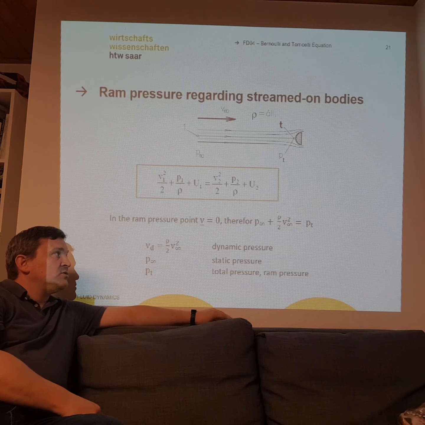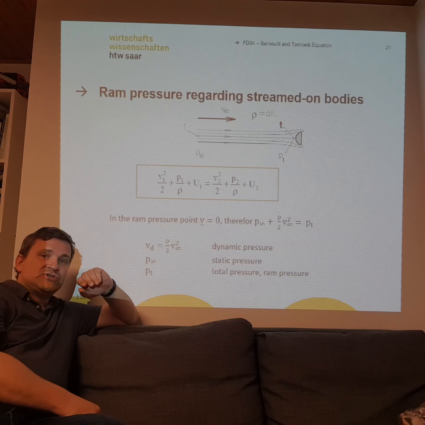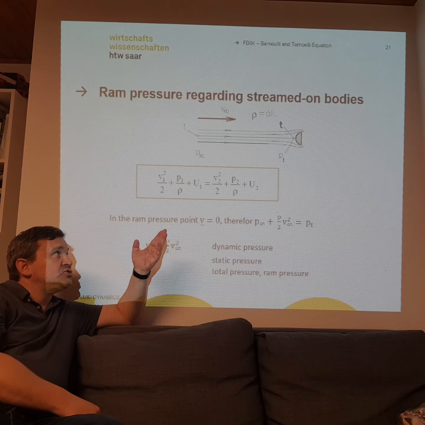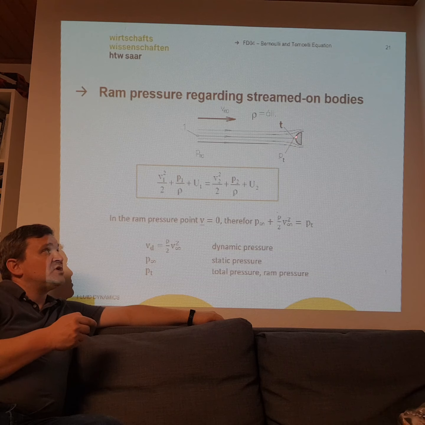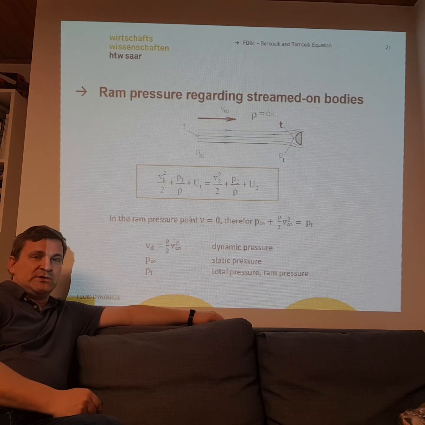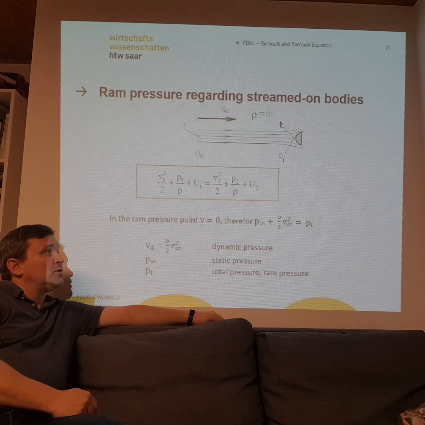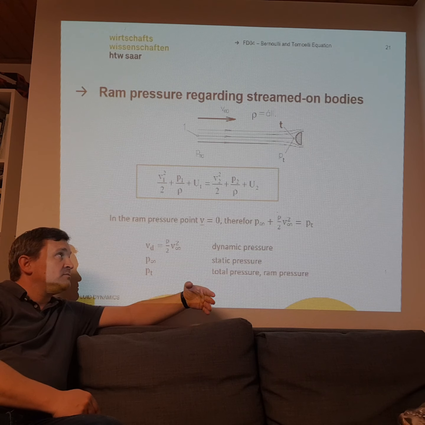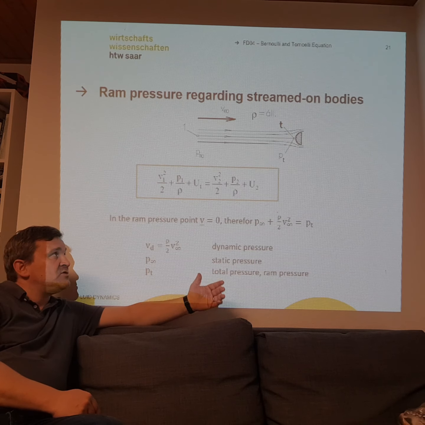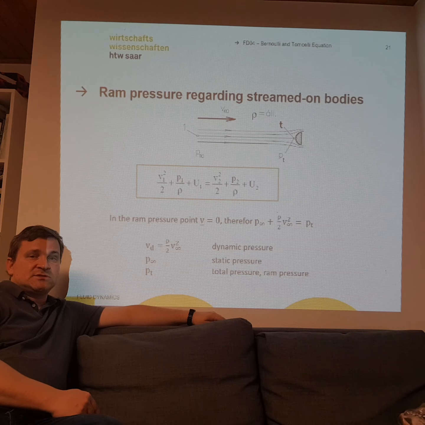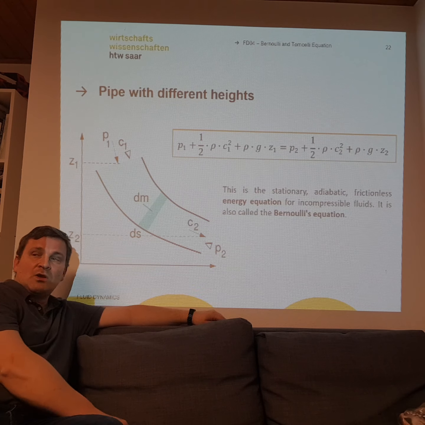And now you can also use this Bernoulli equation to get a rough estimation of the ram pressure on this body. Okay, that's another point where we can use Bernoulli's law.